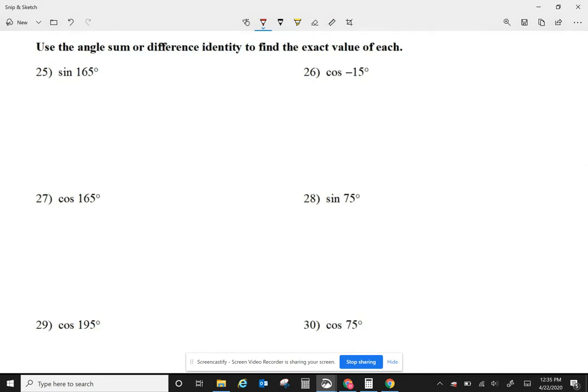Okay. Sine of 165. I'm thinking of two numbers that either added or subtracted equal 165. From our rules, we have 120 and 45. Our angles, 120 and 45. So I'm just going to go sine of 120 plus 45.